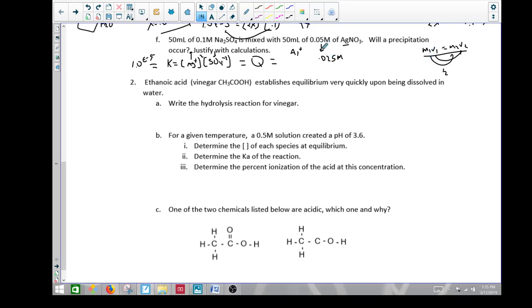All right, and they're not always going to do 50 and 50. So if you're doing 50 and 75, then I would put 50 here, and this at whatever my new volume happens to be, and solve for M2. All right, so this now is 0.025, and it's going to get plugged into the expression and squared. The other guy is 0.1, and there's one of them.